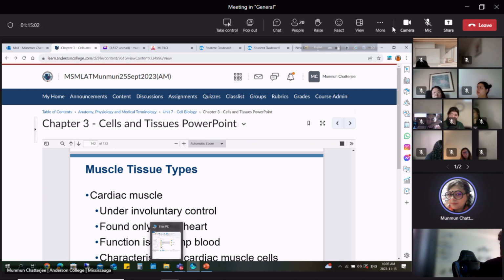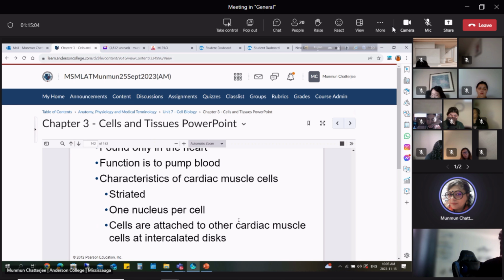What are the characteristics of the cardiac muscle? This is important. It's striated again. One nucleus per cell. Skeletal muscle is multinucleated; cardiac muscle has a single nucleus per cell. These cells are attached to other cardiac muscle cells by intercalated discs.